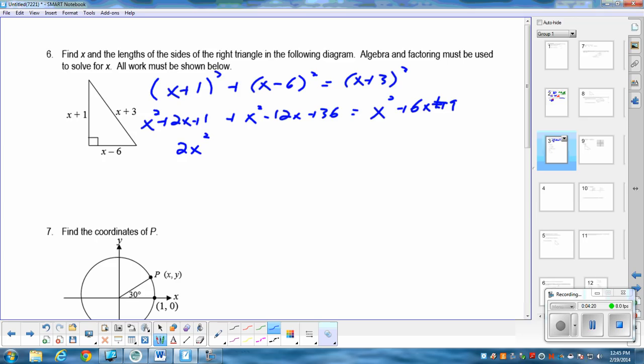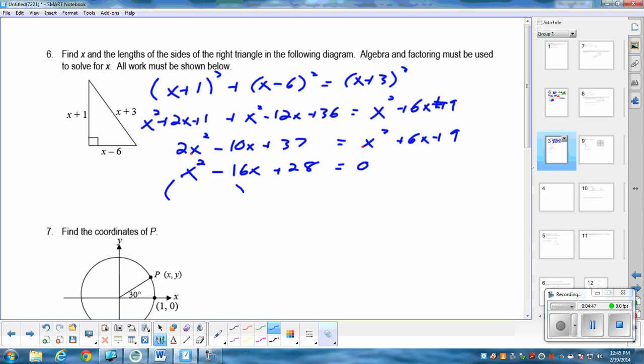Simplifying this, we get 2x squared minus 10x plus 37 equals x squared plus 6x plus 9. We have a quadratic equation because we have an x squared and an x squared. We're going to bring all the x squareds onto one side. In fact, we're going to bring everything onto one side. So we get x squared minus 16x plus 28 equals 0.